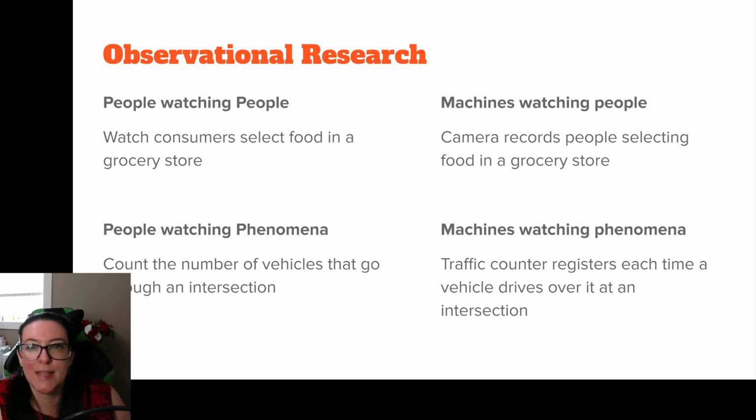We have a person who's counting. Alternatively, you can have machines watching phenomenon, in which case maybe you have traffic counters. Perhaps you've seen those kind of black cables that go across the road, bump with your car, and it's registering each time a vehicle drives over it. So we have a machine that is doing the watching here.